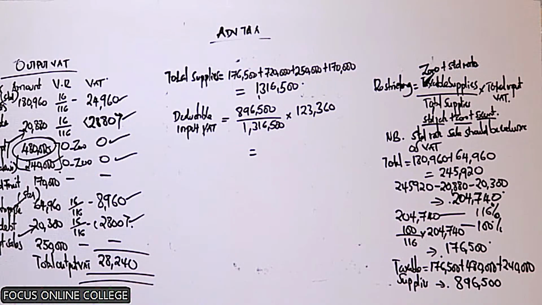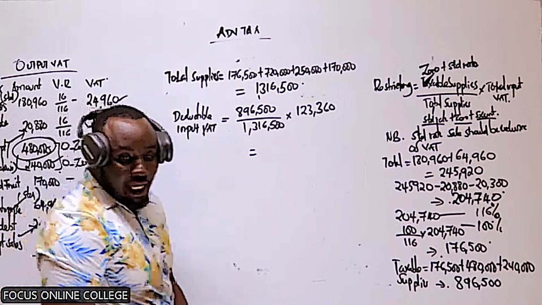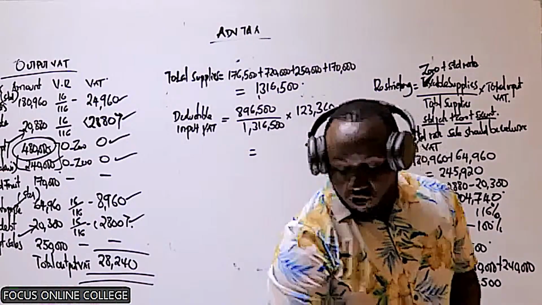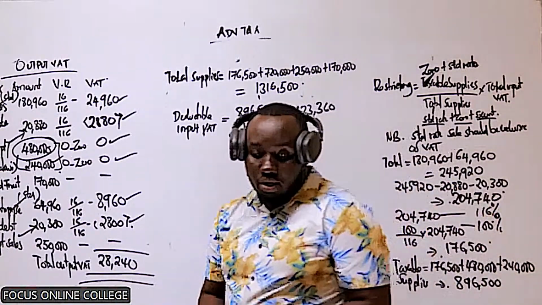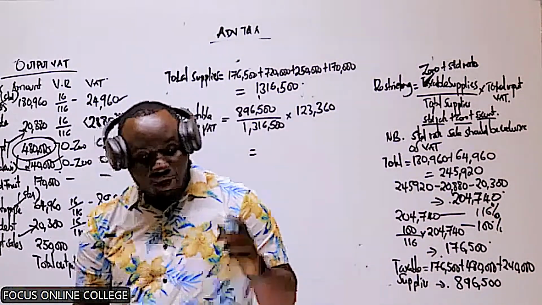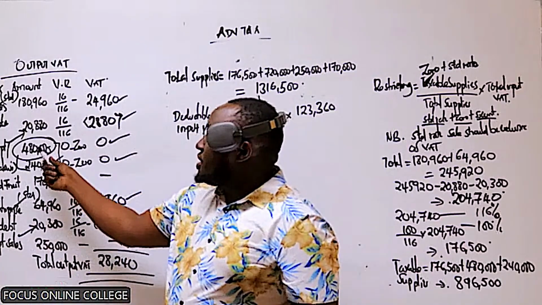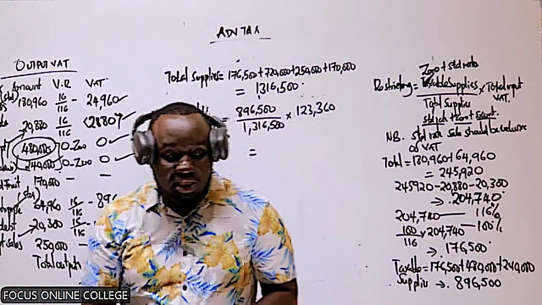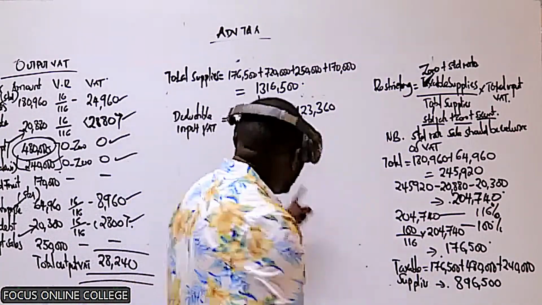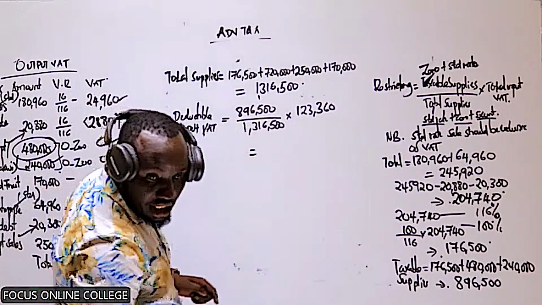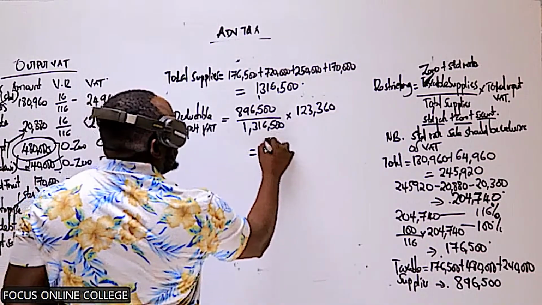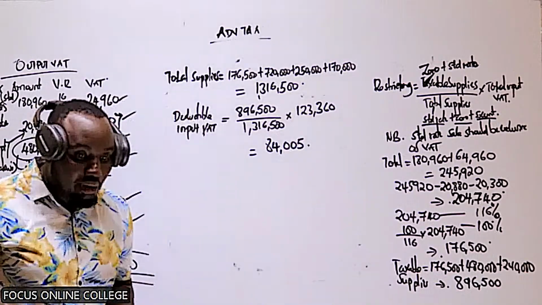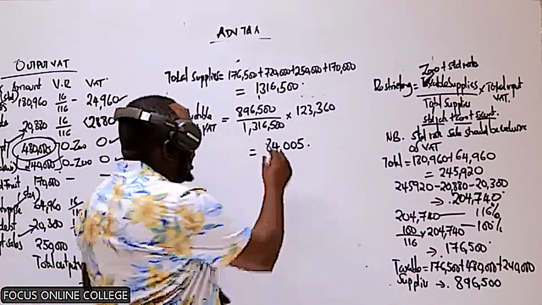Where does 720 come from? The first zero rated to Egypt was for 80, then 240 to Malawi. So that's where we get 720. So what are we getting as deductible input VAT? Are we getting 84?